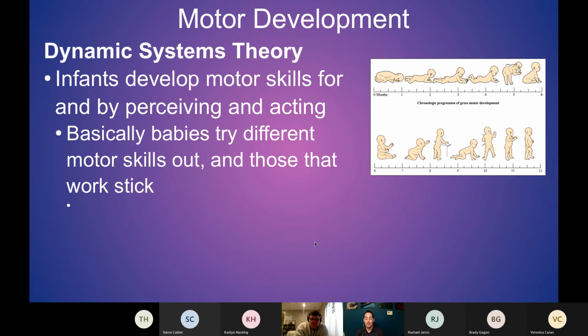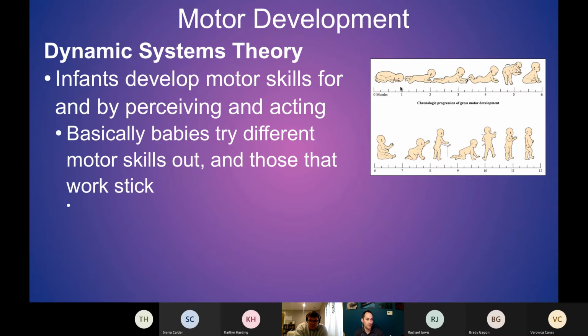Dynamic systems theory says, well, all the systems are working together within that infant to make those things possible. So in order to see a block across the room and then crawl over to get it, you need the muscle capacity to hold yourself up and crawl. You need the visual capacity to see it across there and recognize what it is. And you need also the ability to know that you can go over there and grab it. So there's multiple systems to do that skill.